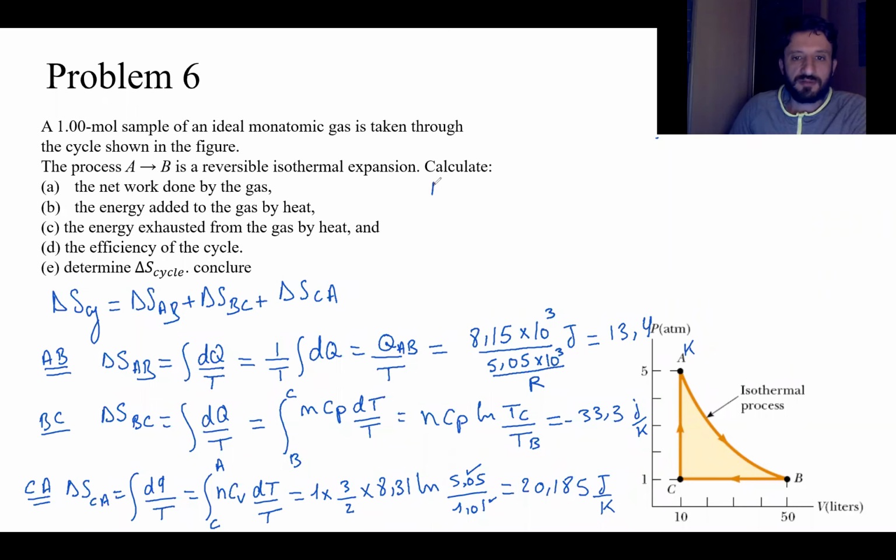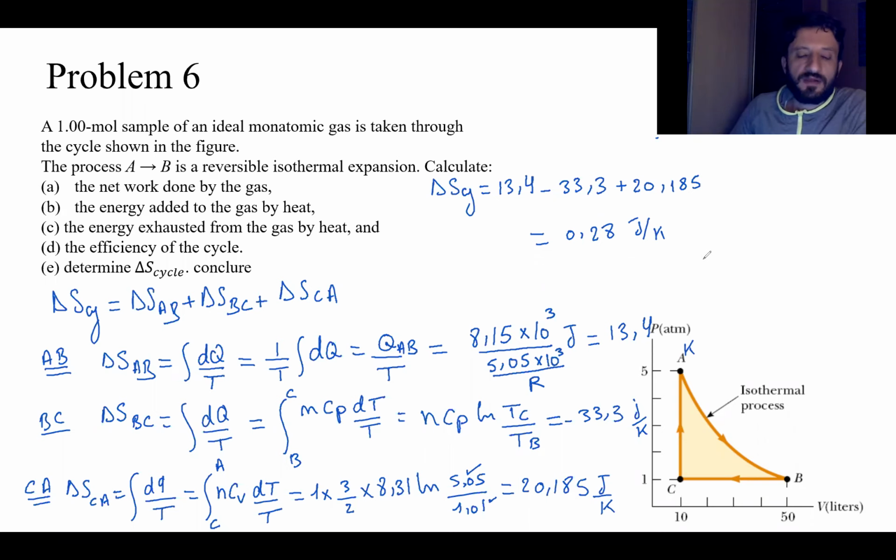Now I want to calculate delta S total of the cycle, which equals delta S AB, 13.4, plus delta S BC, minus 33.3, plus delta S CA, equals 20.185. The summation will be equal to 0.28 joule per Kelvin.